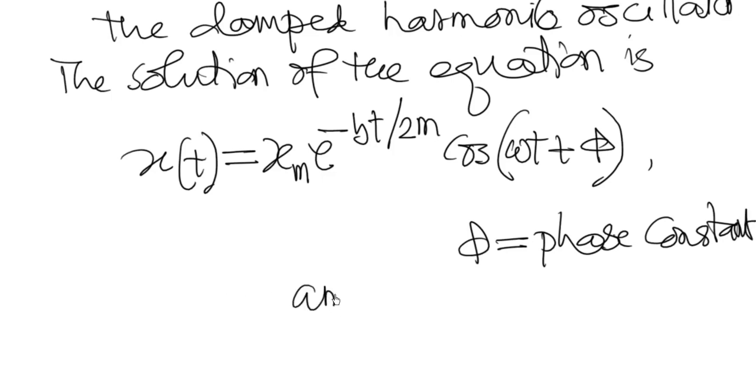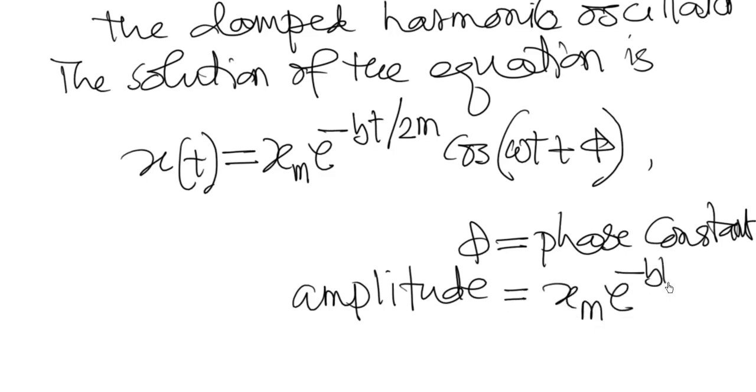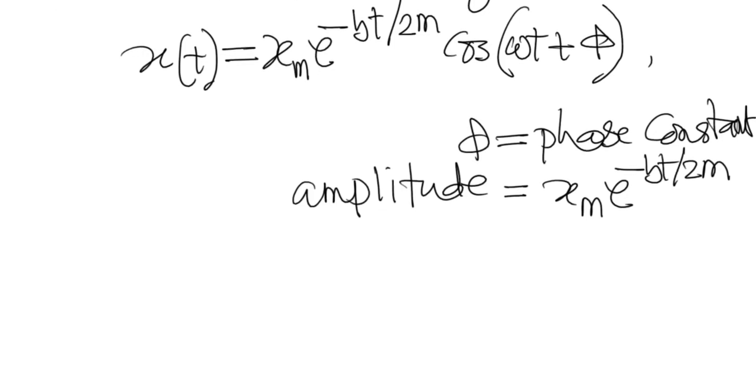Now you see the amplitude of the damped oscillation is... so the amplitude actually depends on time t, which is not constant. We shall calculate the potential energy, kinetic energy, and the total energy for the damped harmonic oscillator.